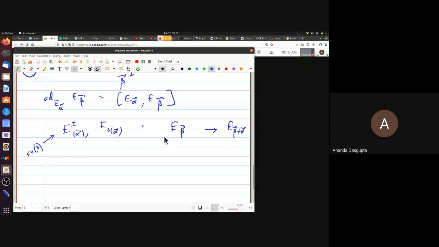And from our knowledge about SU2 algebra, we already know that if you have a two-dimensional invariant subspace, which is invariant under the action of SU2 algebra, what does that subspace correspond to? That must correspond to a spin half representation, right? The good thing is for SU2, we know everything. We know what its representations are, we know what their dimensionalities are, and so on.